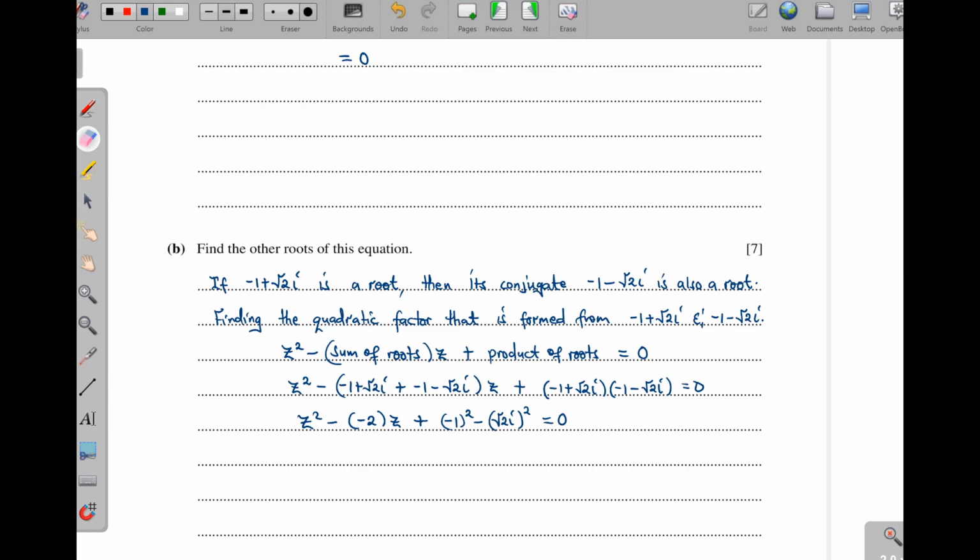So the quadratic equation from here is z squared, then in fact, okay, let me take this one away, and then I say quadratic equation that is formed from this. Okay, so z squared, negative and a negative, that one will become now a positive. So 2z then plus 3, which is equal to what? 0. Are we there?